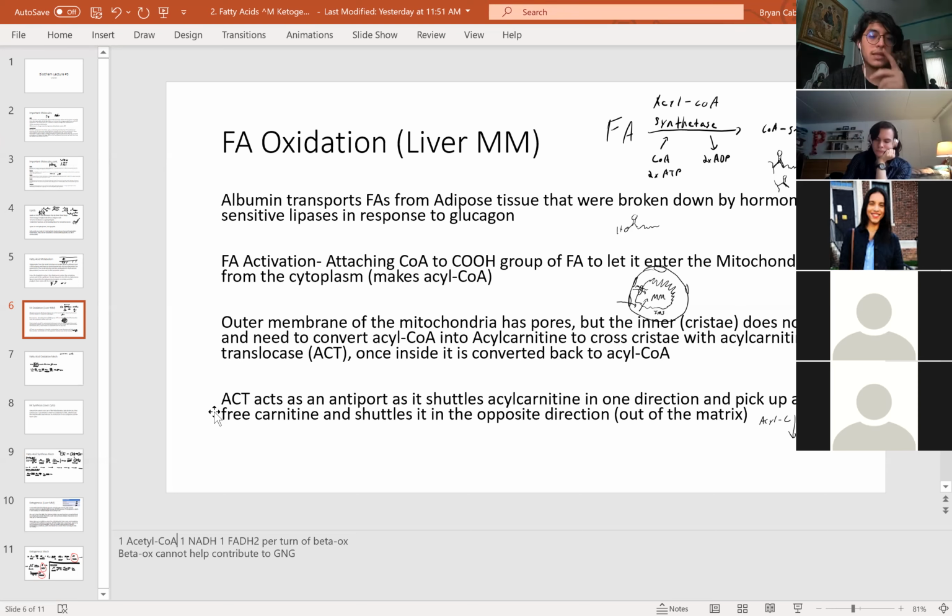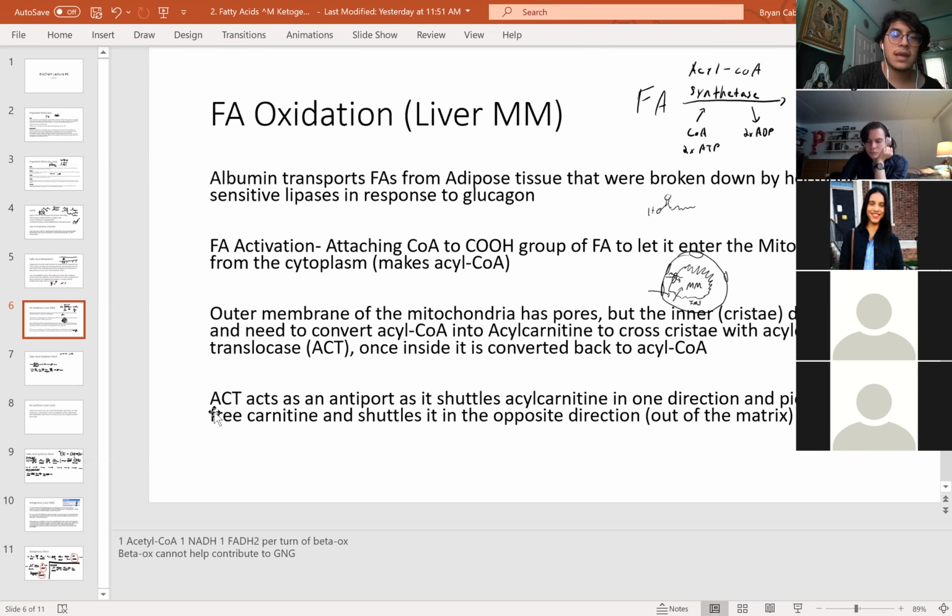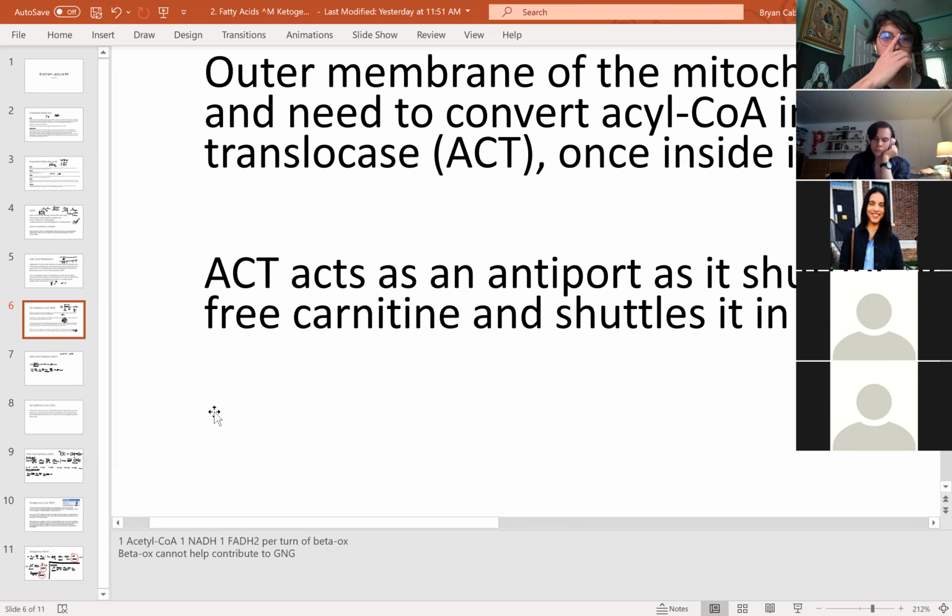Okay, and lastly, beta oxidation cannot contribute to gluconeogenesis, simply because, if you guys have ever heard this term, you can turn sugars into fats, but you can't turn fats into sugars. So what does that basically say? Sugars, like say glucose, can turn into acetyl-CoA, right?